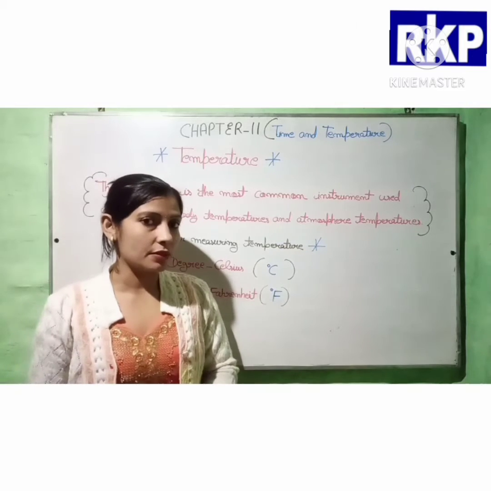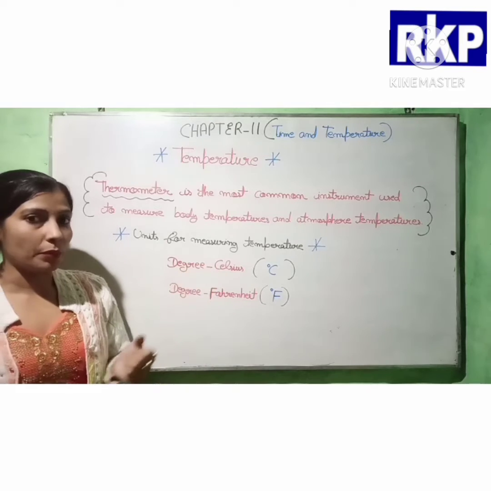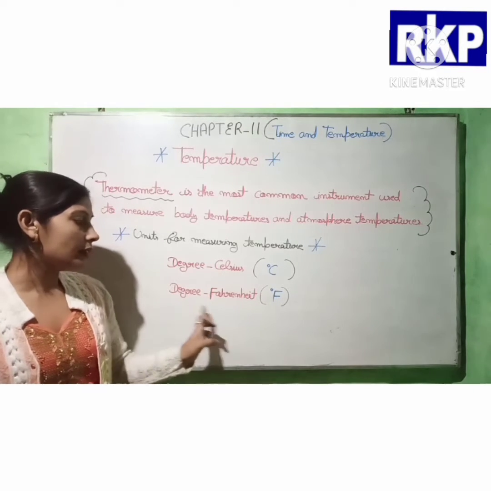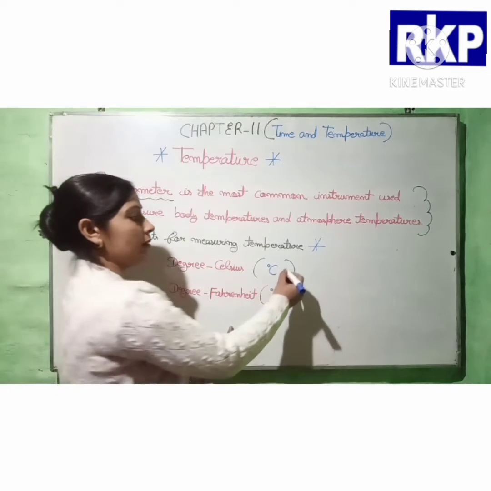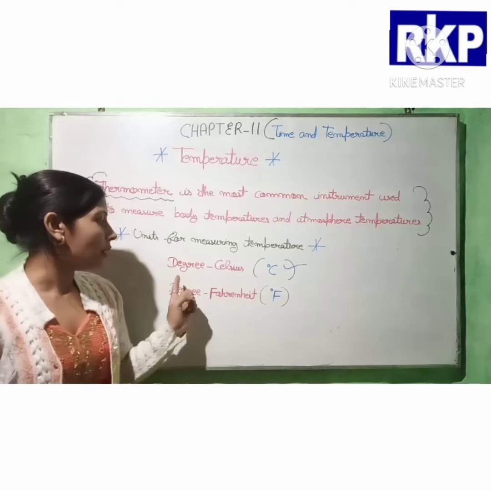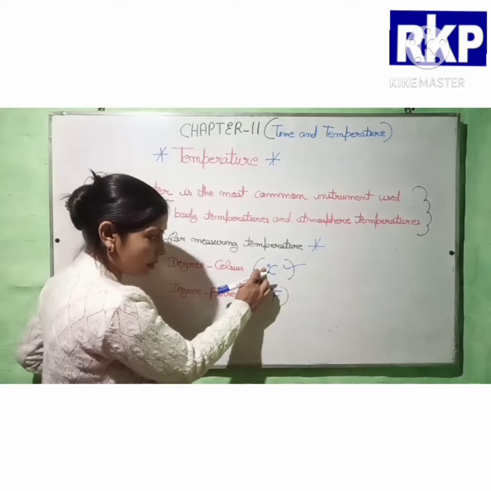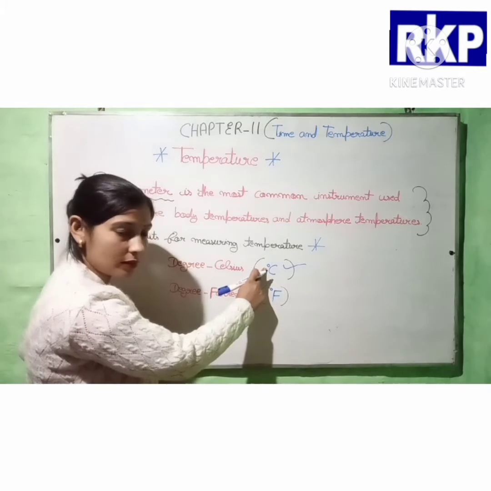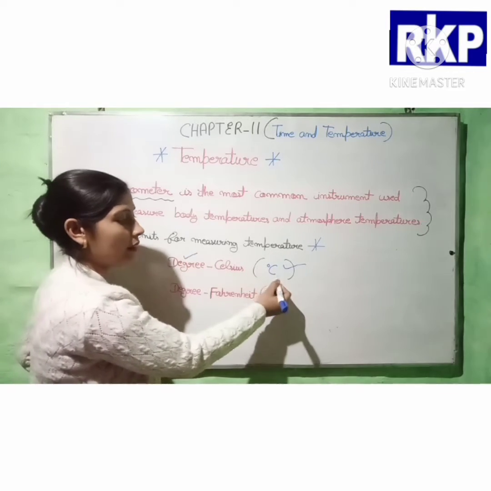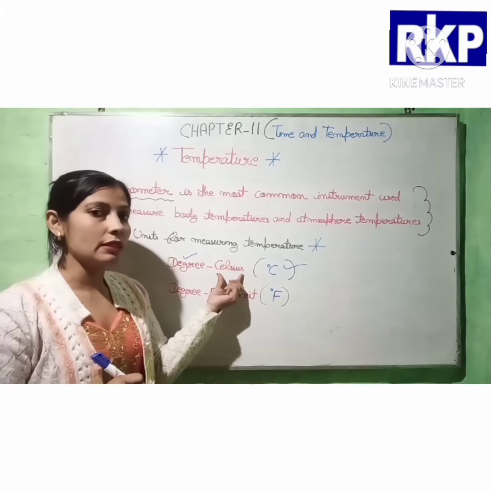atmosphere temperatures. Okay, and we have two units for measuring temperature, and these are degree Celsius and degree Fahrenheit. Here you can see this is the symbol for degree Celsius. Here you can see this very small circle, this is the symbol for degree and this capital C is the symbol of Celsius.